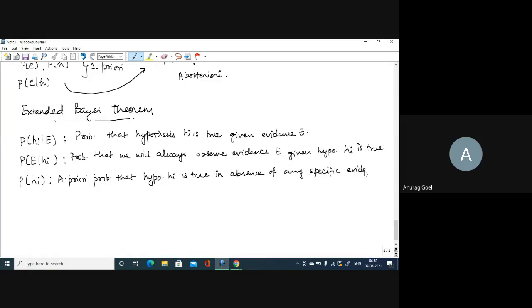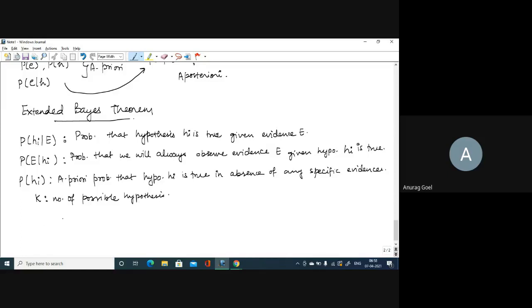That means it's a priori probability. We didn't find any evidence. What is the probability that hypothesis Hi will be true? And okay, we are considering k as the number of all possible hypotheses. K is the number of possible hypotheses.